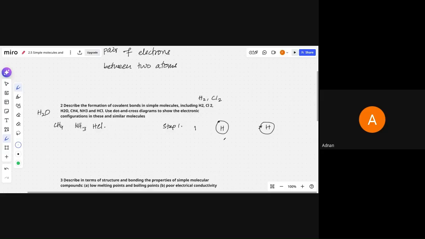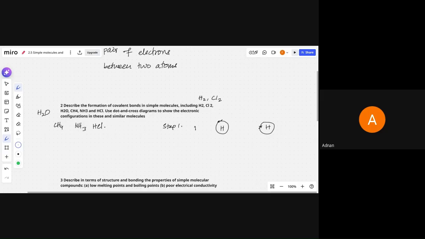Now you should ask yourself how many electrons are needed to have a complete outer shell. Since this is the first shell, hydrogen only has one shell, which is the first shell and the outermost shell at the same time. The first shell can accommodate a maximum of two electrons, right?